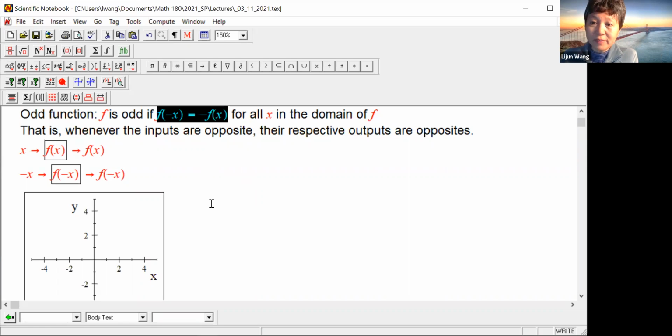These 2 points have opposite inputs. The inputs are opposite numbers. And their outputs are also opposite. What kind of picture would that be? Well, we haven't finished identifying even and odd functions yet.